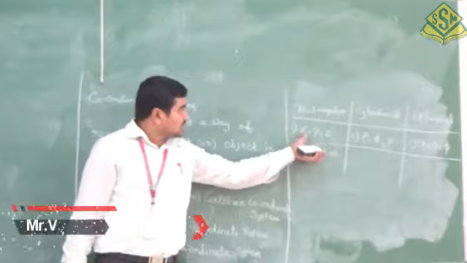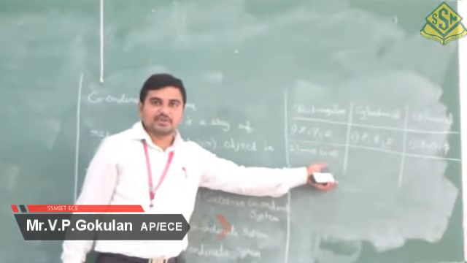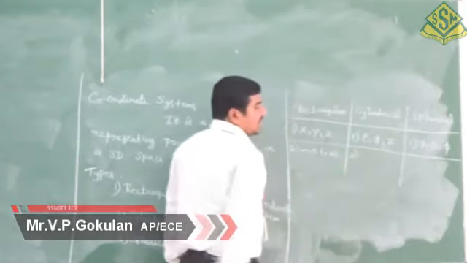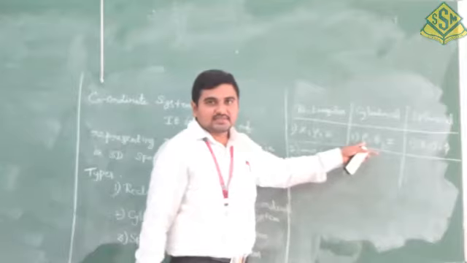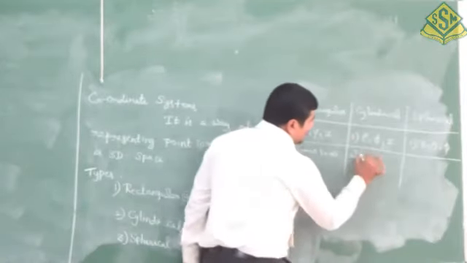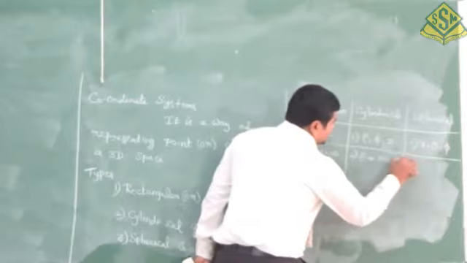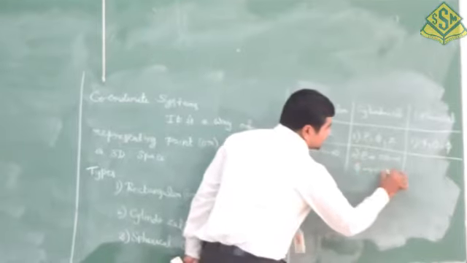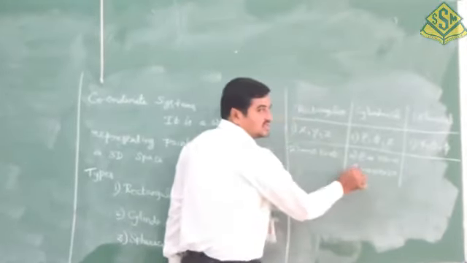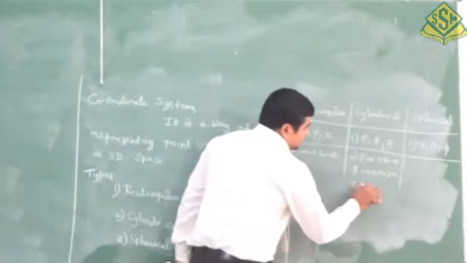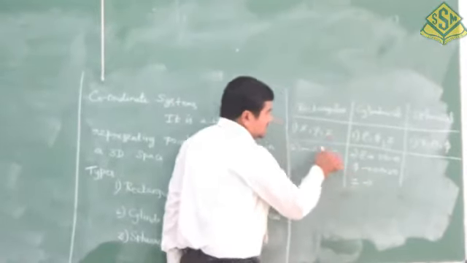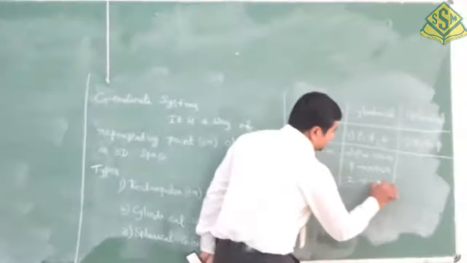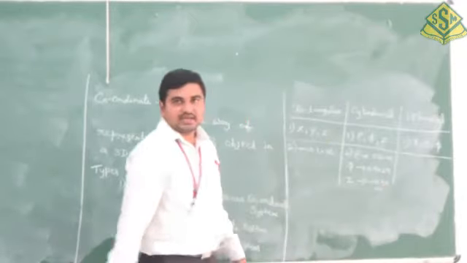Then the cylindrical coordinate system has rho as the radial distance starting from the origin, so rho has 0 to infinity range, and phi has 0 to 2 pi range, which is the angle. And z is the same as in the rectangular coordinate system, minus infinity to plus infinity. It is just a line.